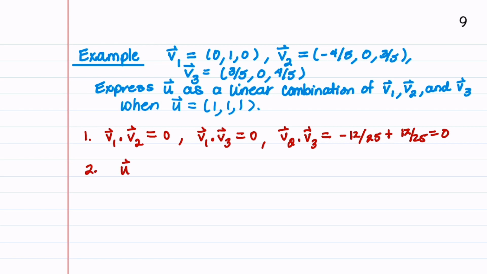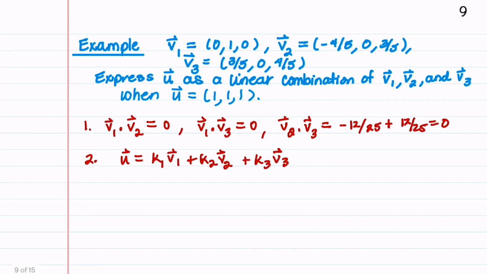Our u is equal to k1 v1 plus k2 v2 plus k3 v3. Our k1 is going to be u dotted with v1 divided by v1 dot v1.